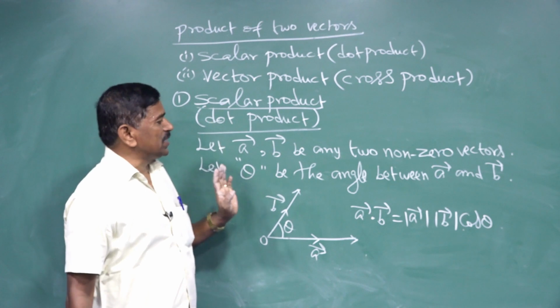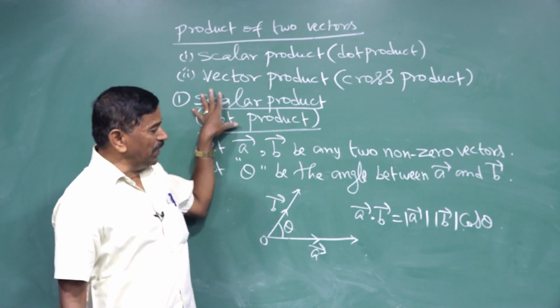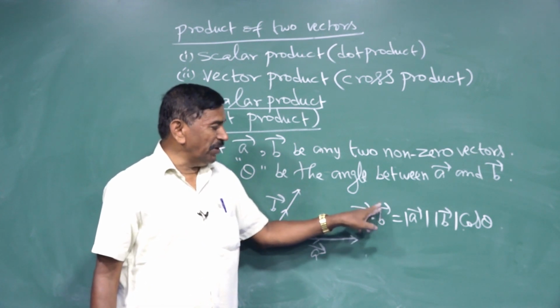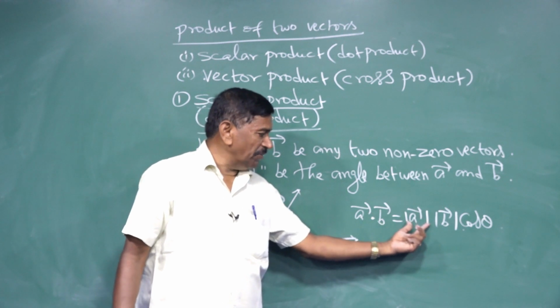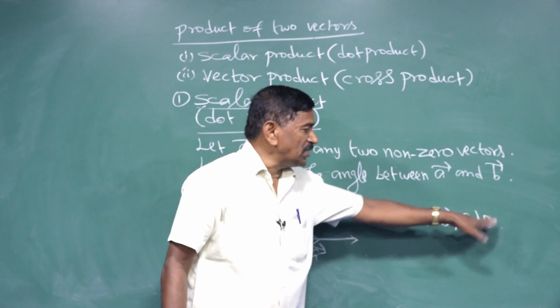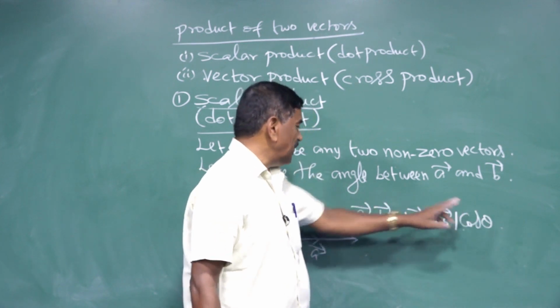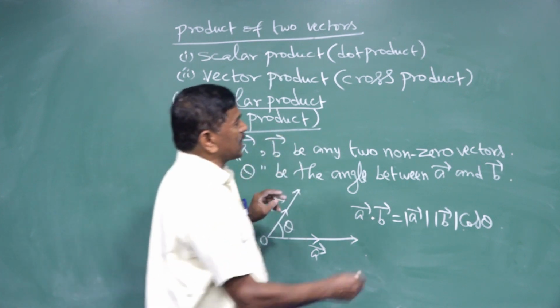Here first one is A vector, therefore first modulus A vector; second is B vector, therefore second modulus B vector. That's all. So the first one, the definition, is complete.